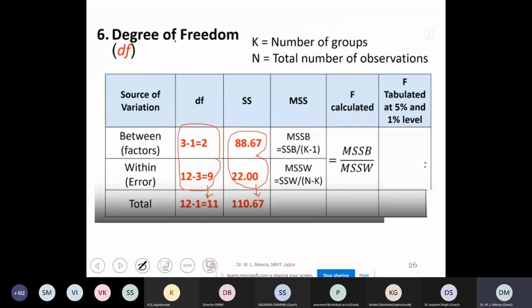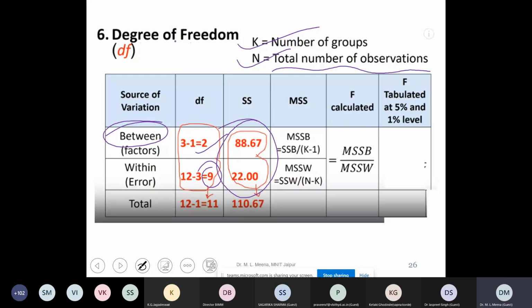We have already discussed this in the previous slide. The degree of freedom between groups is 2, and within groups is 9. K is the number of groups, and capital N is the total number of observations. These values we already calculated with the help of the formulas.